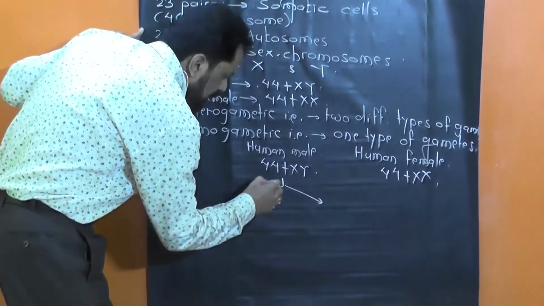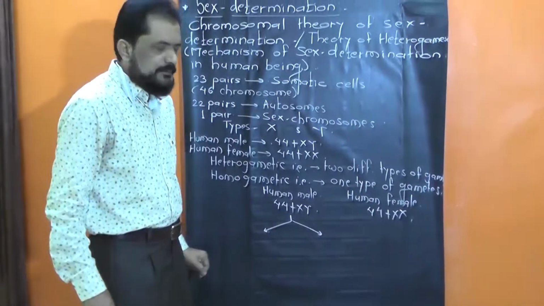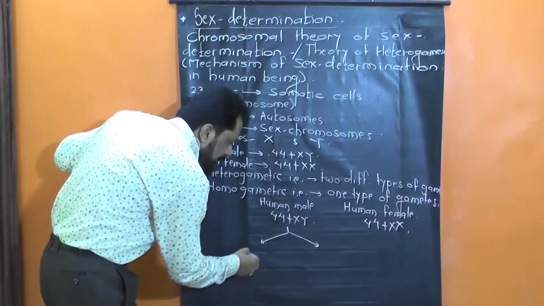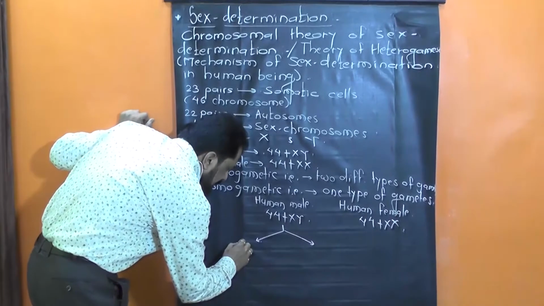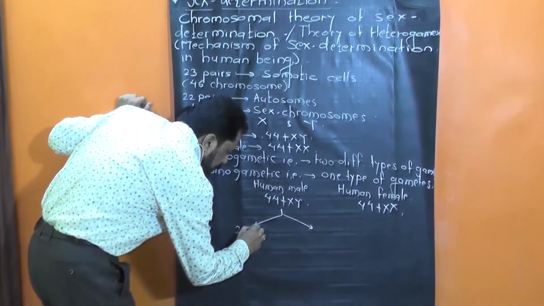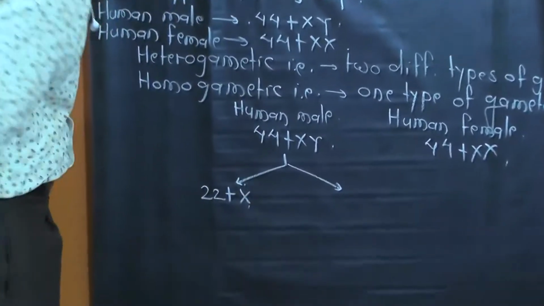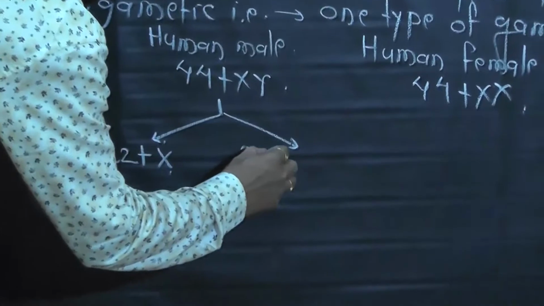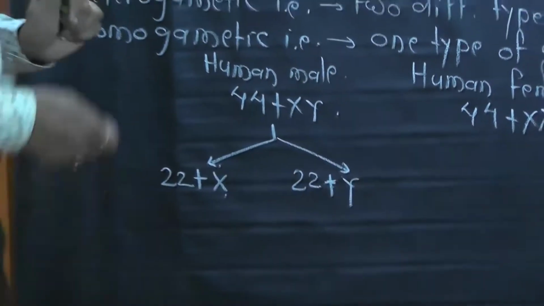We know during gametogenesis, meiosis occurs, and hence the human male produces two types of gametes: 50% of the gametes with 22 autosomes and X as a sex chromosome, and 50% of the gametes with 22 autosomes and Y as a sex chromosome.